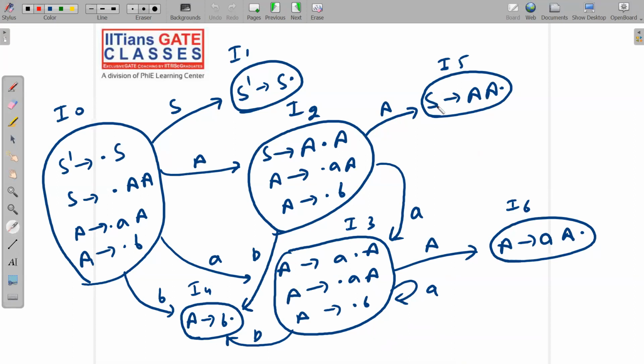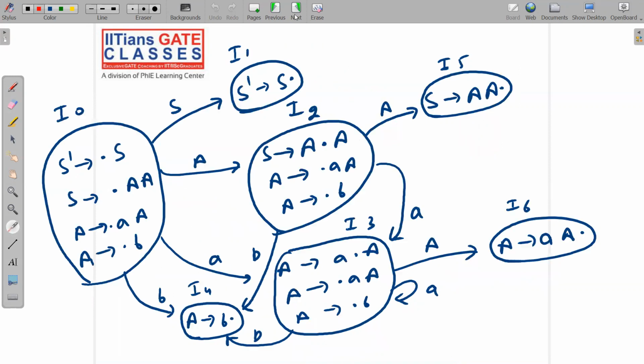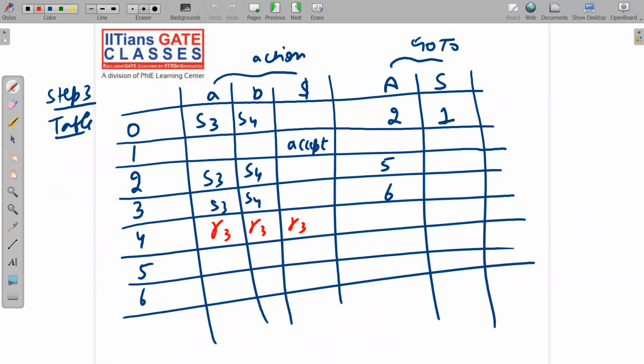Next, I5. S goes to A dot. This is a final item, and it is production number 1, so R1. Where will I put R1? In follow of LHS, that means follow of S. S is not anywhere in the RHS, so follow of S will be dollar only. So in the dollar column, I will put R1.